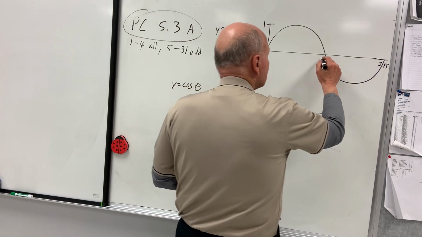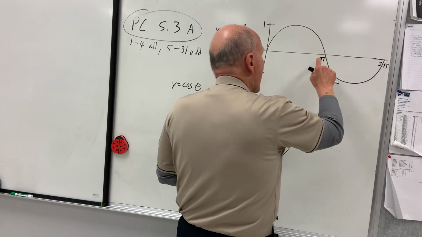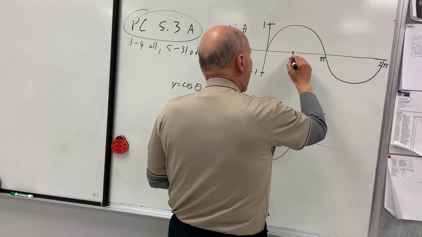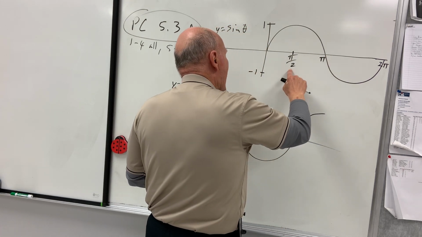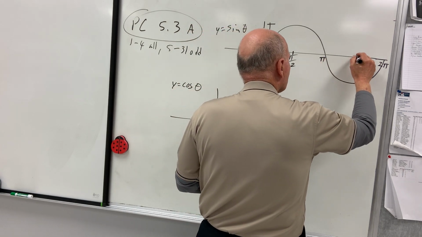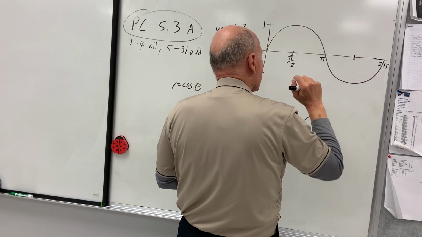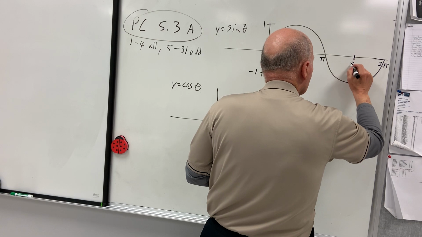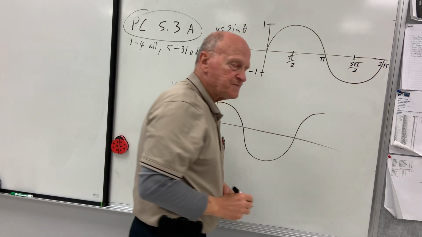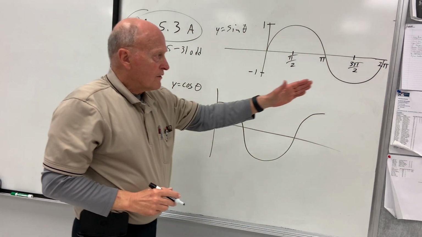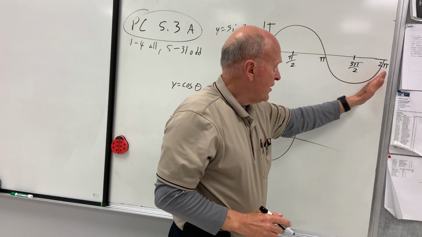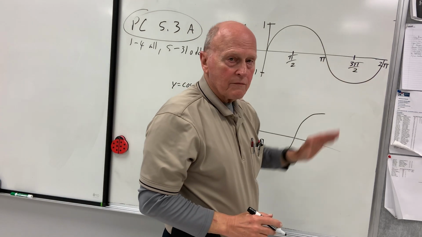Half of 2 pi is pi, so I put pi here. Half of pi is pi halves, and pi halves plus pi would be this part right here, which would be 3 pi halves. If you'll get in a habit of labeling them here, here, here, here, it makes it easier to do.